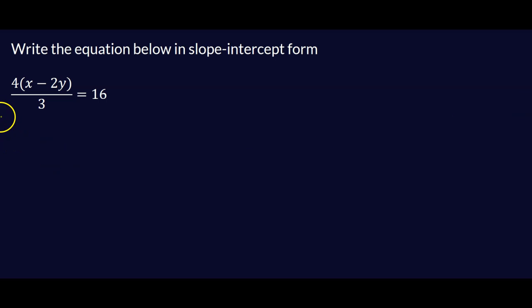The final example is to write this in slope-intercept form. So we have 4 times x minus 2y over 3 equal to 16. What we're going to do here is multiply both sides by 3. So I'm going to multiply this by 3 here, and then multiply this by 3. So we cancel this out.